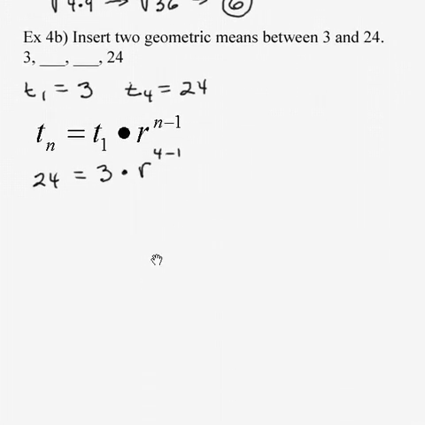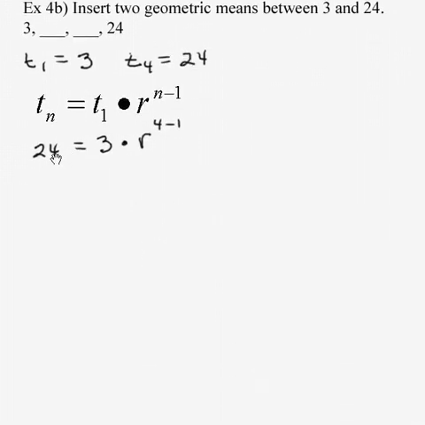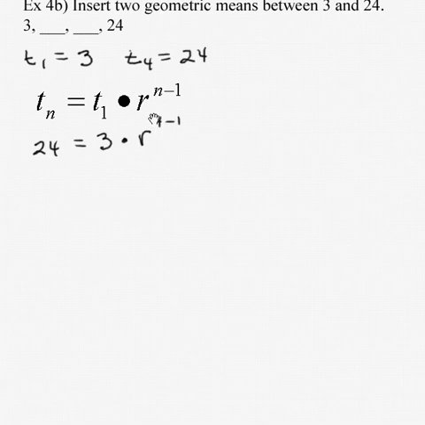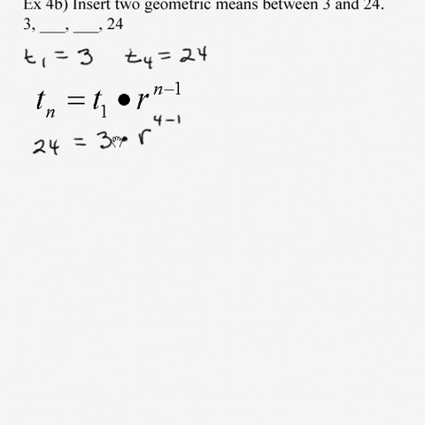So let's insert that 24 is the fourth term, 3 is the first term. We'll substitute in the numbers we know: instead of t sub n, we'll put in 24, 4 in for n, and instead of t sub 1, we'll substitute in 3.